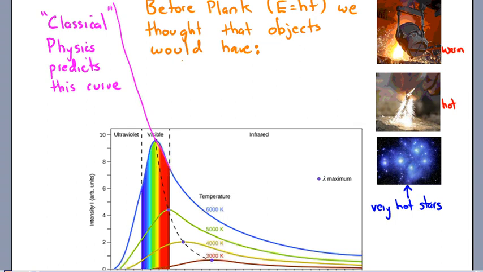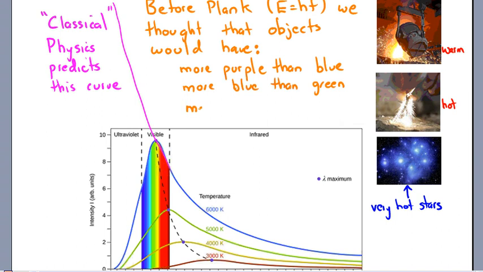So we thought that glowing objects would have more purple than blue, more blue than green, and more green than red.